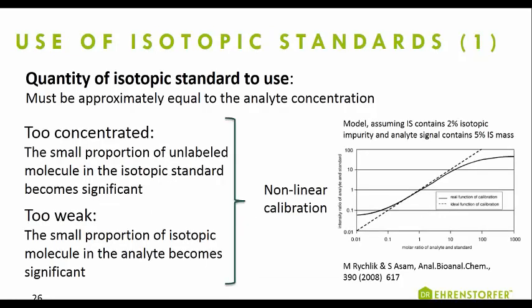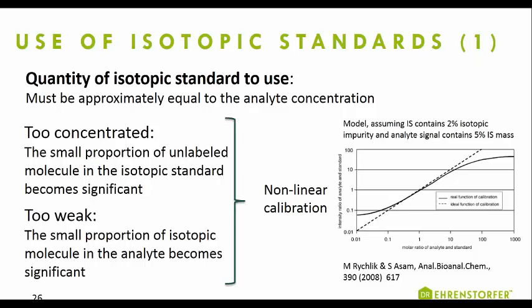The first point arises because neither the internal standard nor the analyte are isotopically pure. I've already said that the internal standard might have up to 2% isotopic impurity. If the concentration of the internal standard is too high, then this becomes increasingly significant. But similarly, the analyte also contains a small natural amount of the isotopic analog.